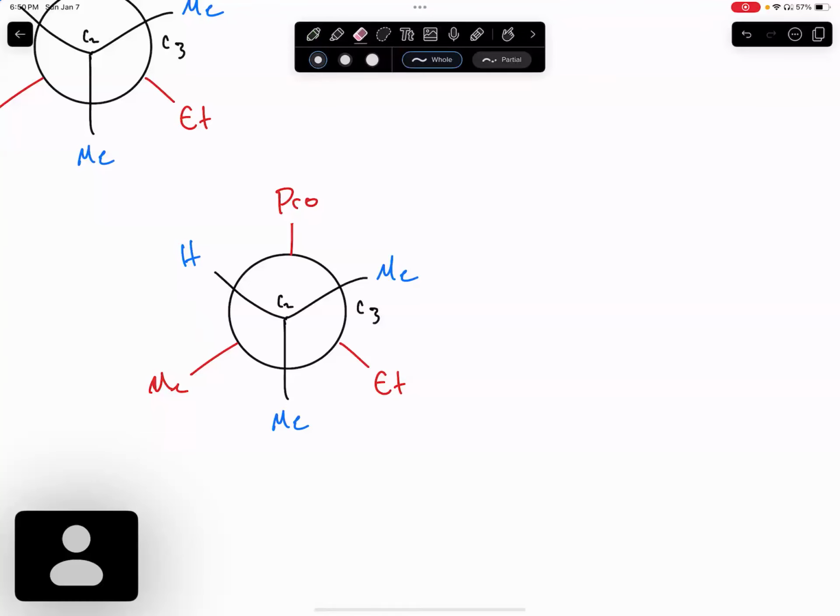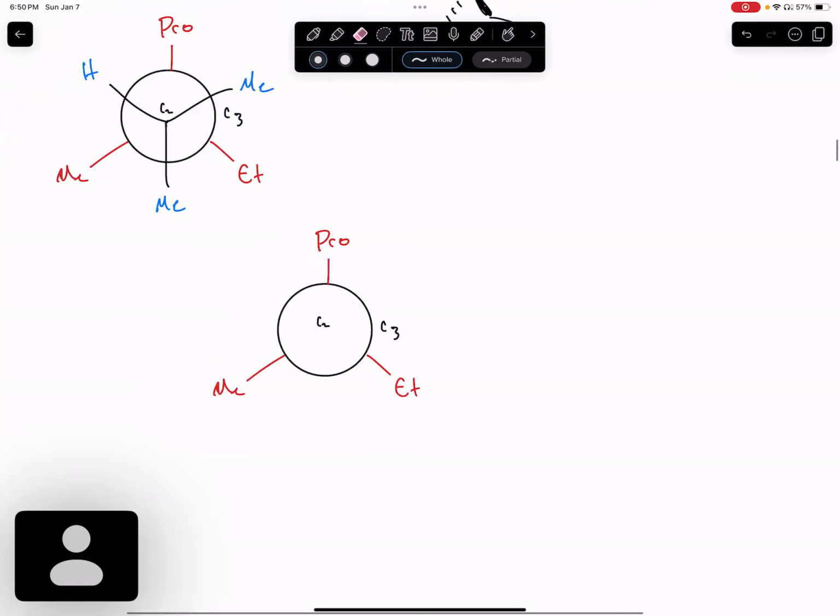In chemistry, we've already figured out the energy that we need to twist this. So be glad we're not making you do any math, because there's a question in your book that says, what's the energy to twist these? But since we're not asking, we're just going to ask you to twist them to their most and least stable conformations.